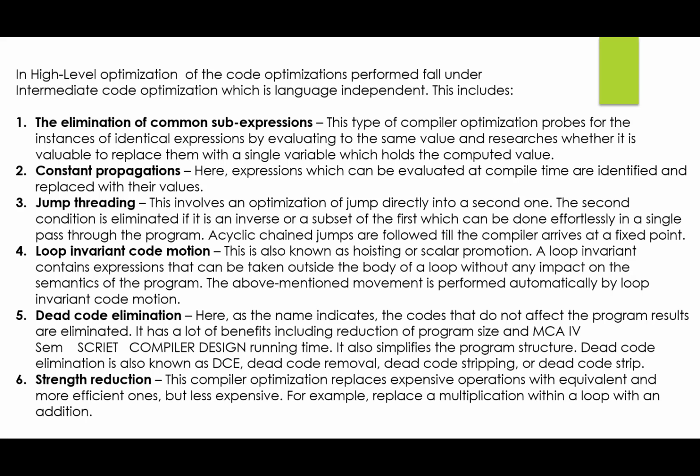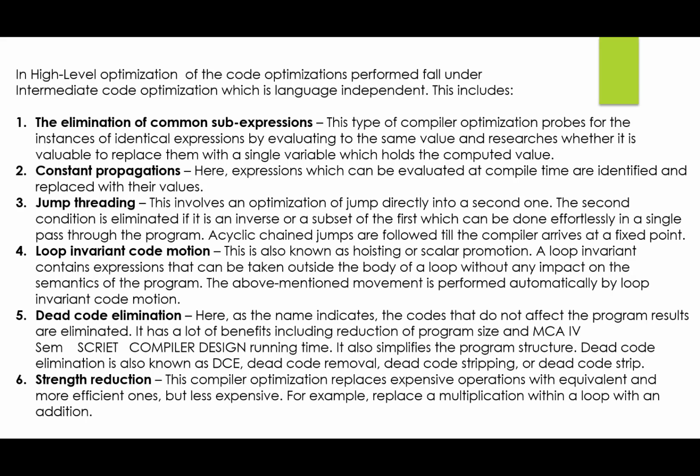Number 2, constant propagation. Here, expressions which can be evaluated at compile time are identified and replaced with their values. Number 3, jump threading. This involves optimizing a jump directly into a second one.